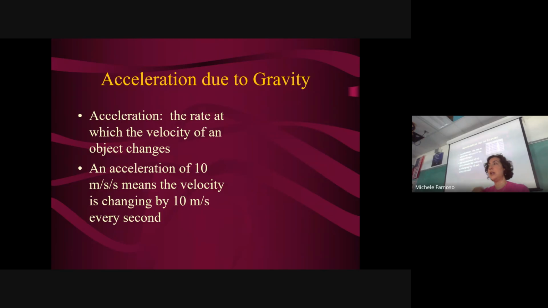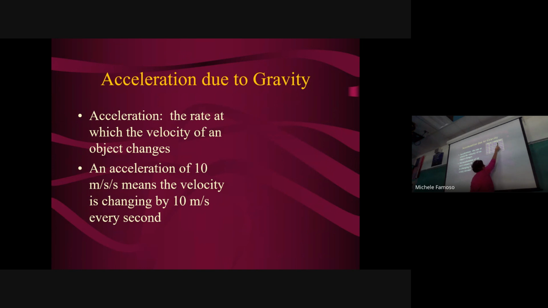So this is what a data table would look like here on Earth if I was just measuring to 1 sig fig for something that's dropped. Something that is dropped at time 0 is not moving. Its velocity is 0 meters per second. But the speed needs to change by 10 every second.